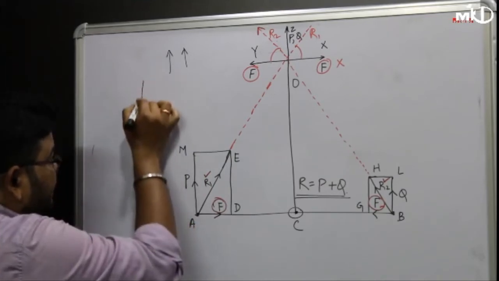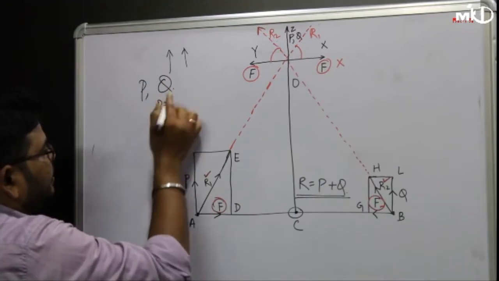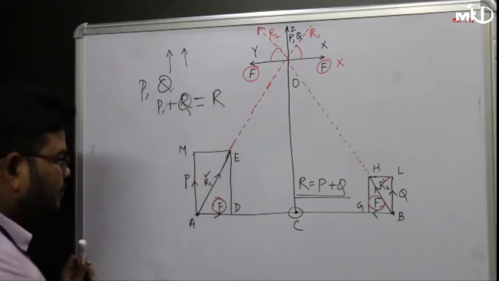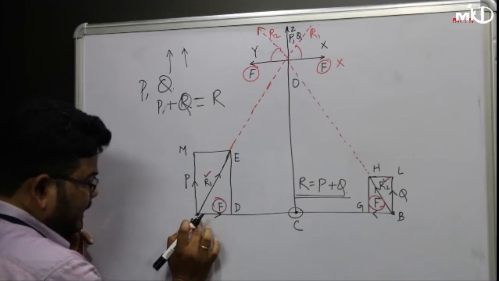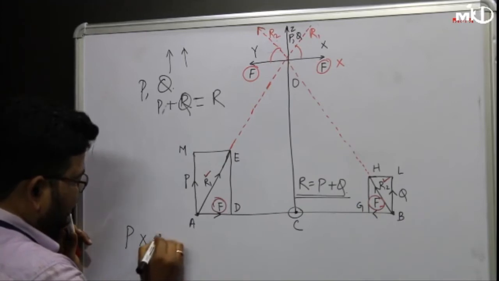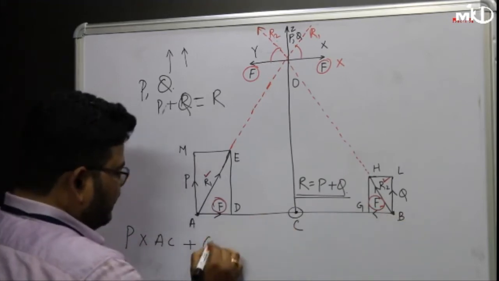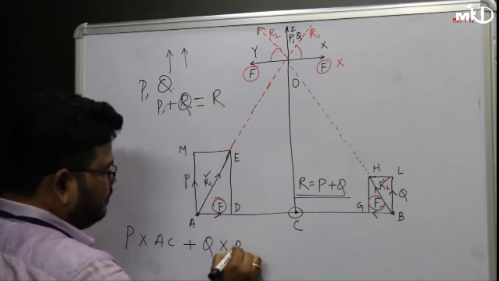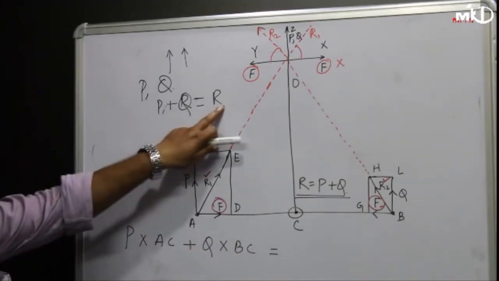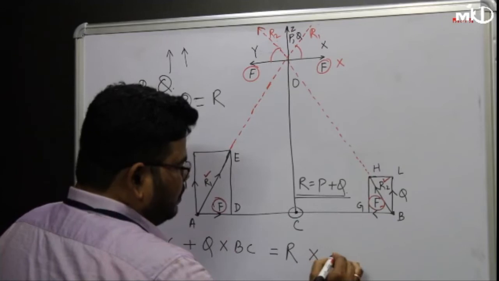There are three forces, P, Q and P plus Q, or the resultant R. So at point A the moment will be P into AC plus the moment of Q about point C will be Q into BC, which will be equal to the moment of the resultant R about point C. So it will be R into CC.